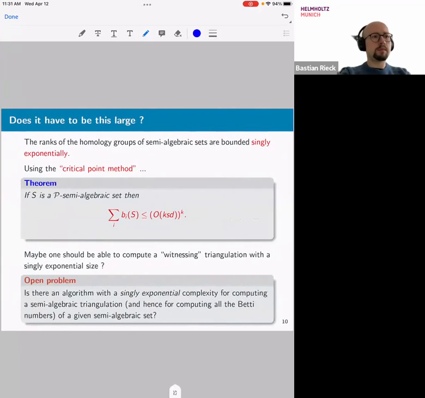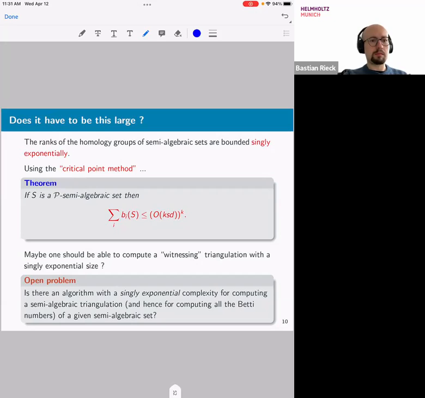Okay, but coming back to the algorithmic question, computing triangulation takes doubly exponential complexity using the cylindrical decomposition, but we know that the Betti number has a singly exponential bound. Maybe one should be able to compute a better triangulation, which more reflects the upper bound of the Betti numbers rather than this doubly exponential upper bound, which is coming from this inductive way of building the cylindrical algebraic decomposition.